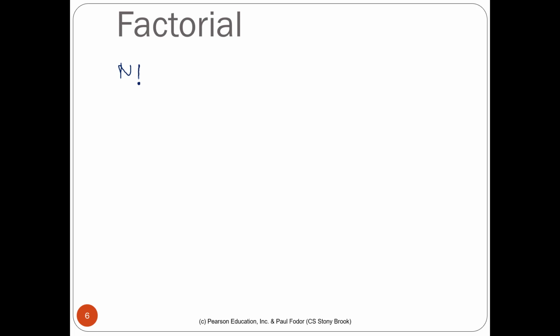This is the symbol for factorial in mathematics, and n factorial is equal to n multiplied by n minus 1 multiplied by n minus 2. You go on multiplying it till you reach 1.